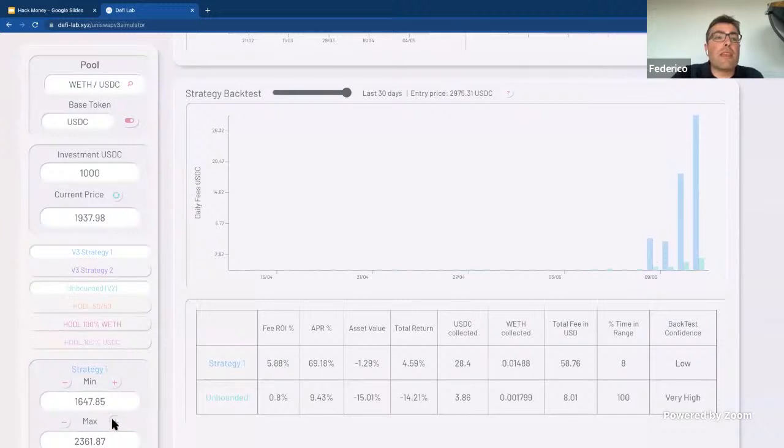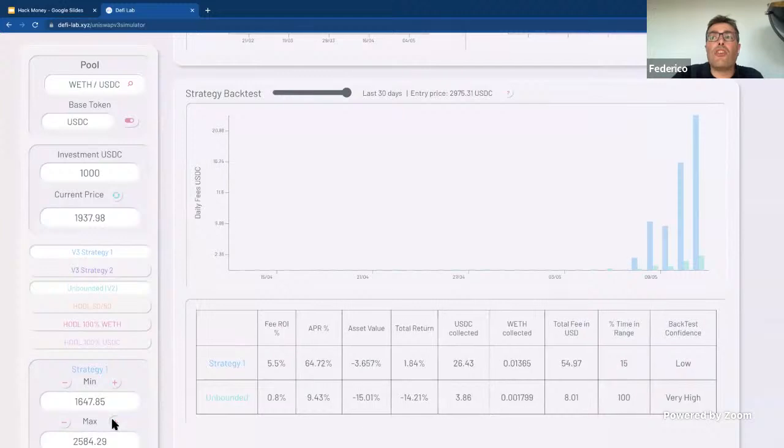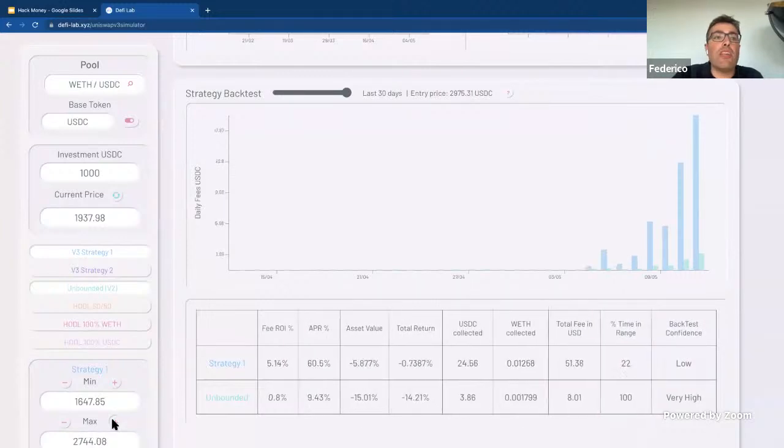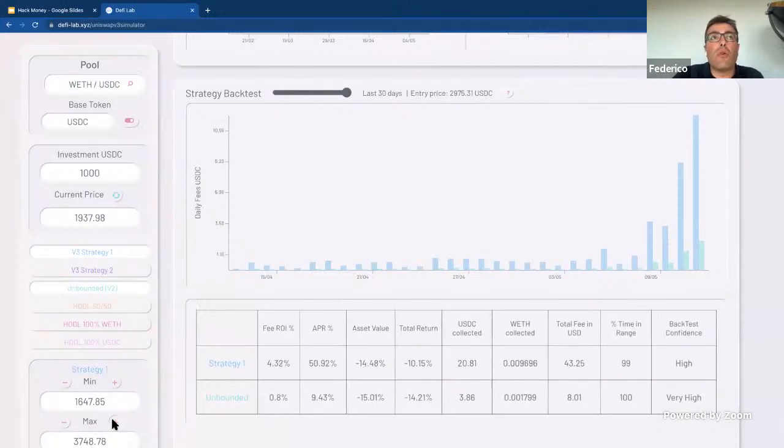So we can see that, for example, if I change my strategy and I make the range larger, increasing the max value, the backtester is calculating online the updated results without any slowdown.